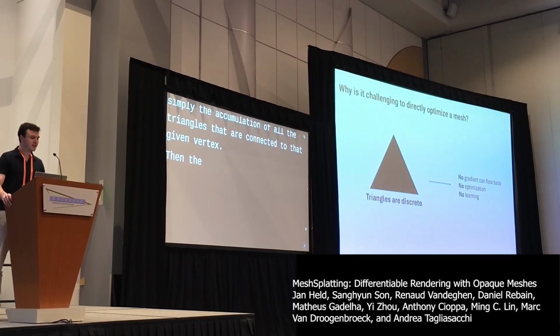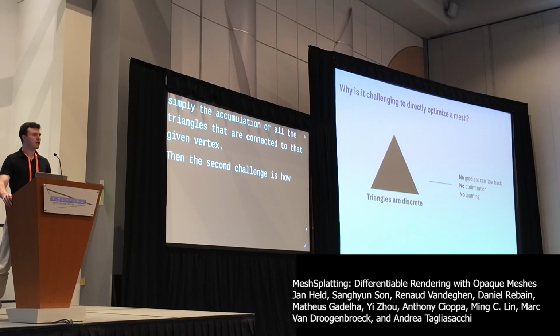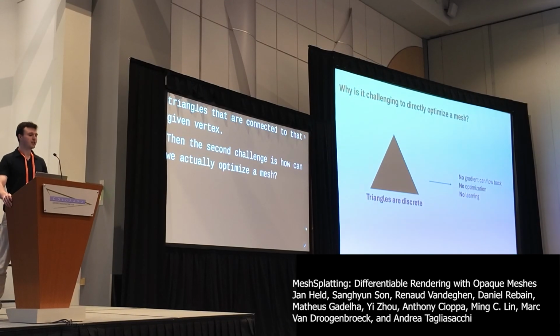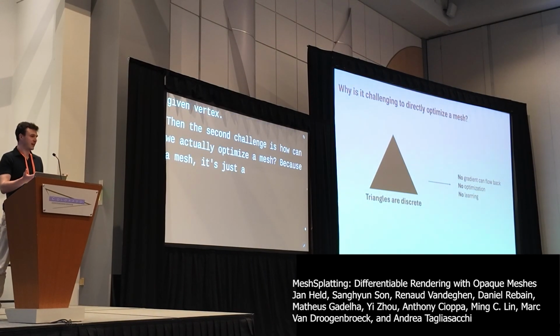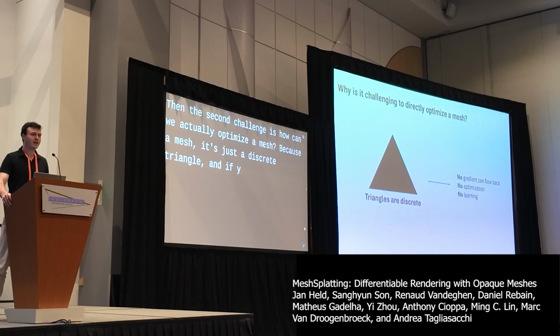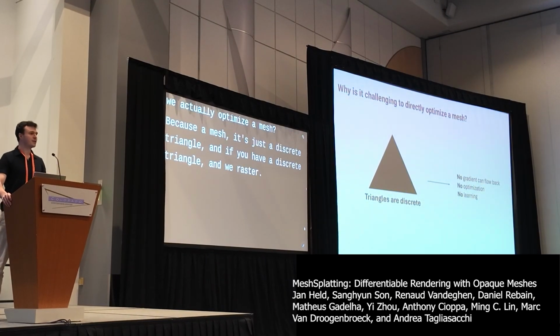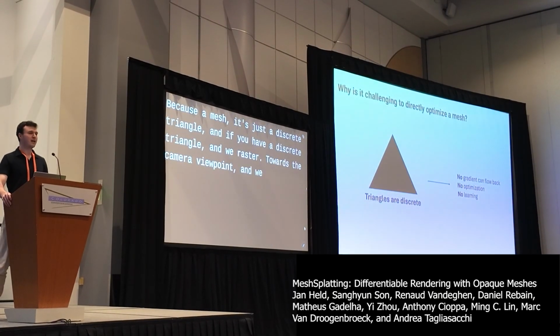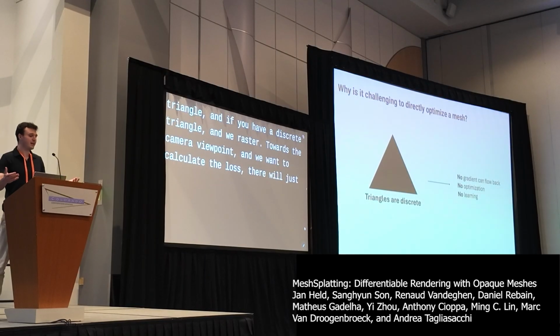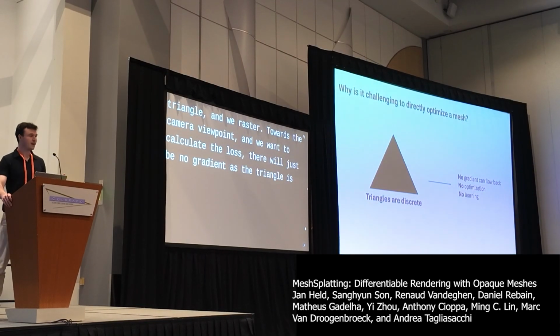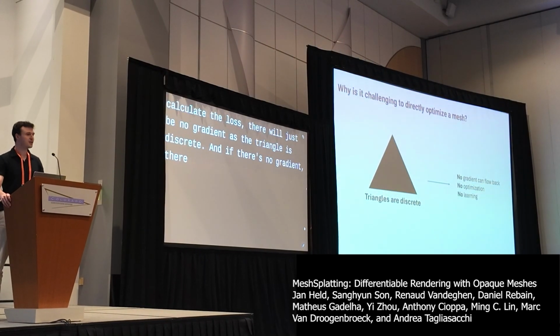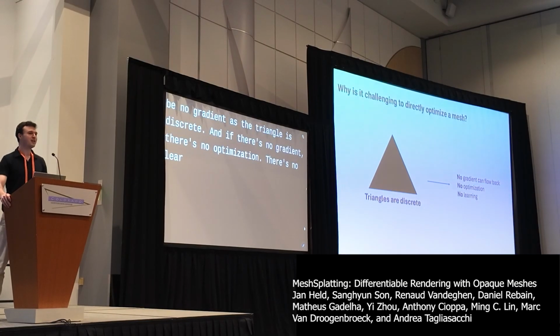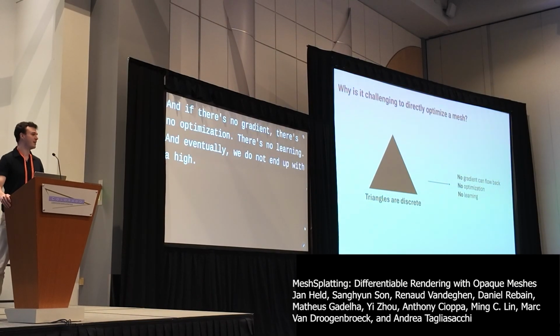Then the second challenge is how can we actually optimize a mesh? Because a mesh is made of discrete triangles, and if we rasterize towards the camera viewpoint and want to calculate the loss, there will be no gradient, as a triangle is discrete. And if there's no gradient, there's no optimization, there's no learning, and eventually we do not end up with a high quality reconstruction.